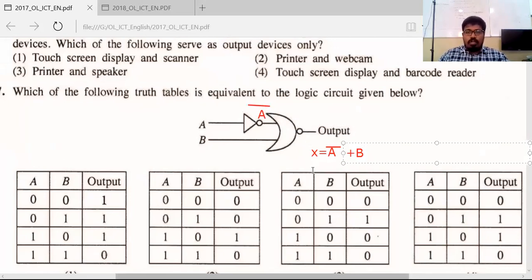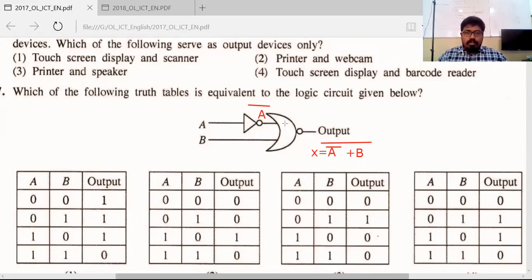So it is NOR. So A bar plus B holding bar. Right? So they ask you to find out the most appropriate truth table for this logic circuit. So A bar plus B holding bar. Right? So in this case, you have to find it by considering the truth table.